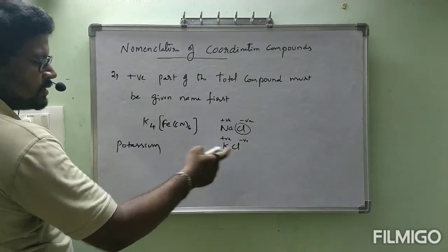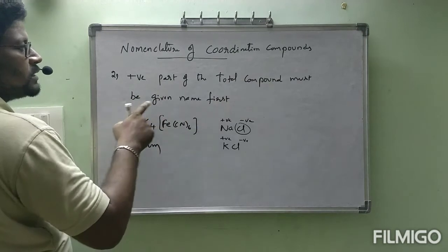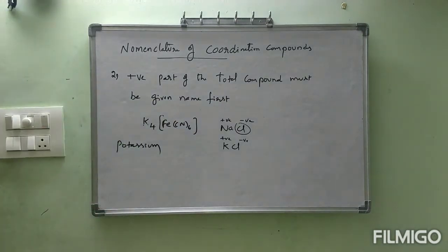Here potassium chloride, like the potassium. Positive part of the total compound must be given name first. That is the second point. Once again I am reading the second point: positive part of the total compound must be given name first.